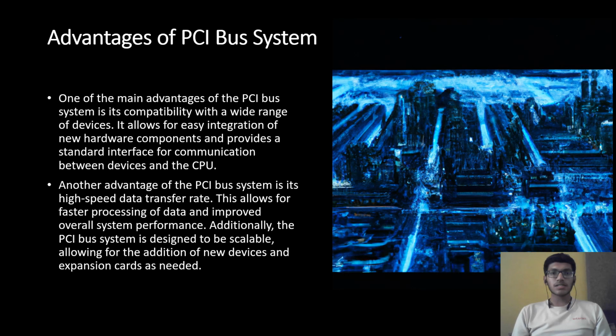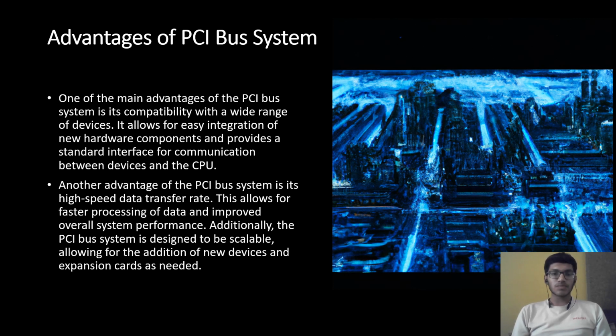So now let's see the advantages of the PCI bus system. One of the main advantages of the PCI bus system is that it is compatible with a wide range of devices. It allows for easy integration of new hardware components and provides a standard interface for communication between devices and the CPU.